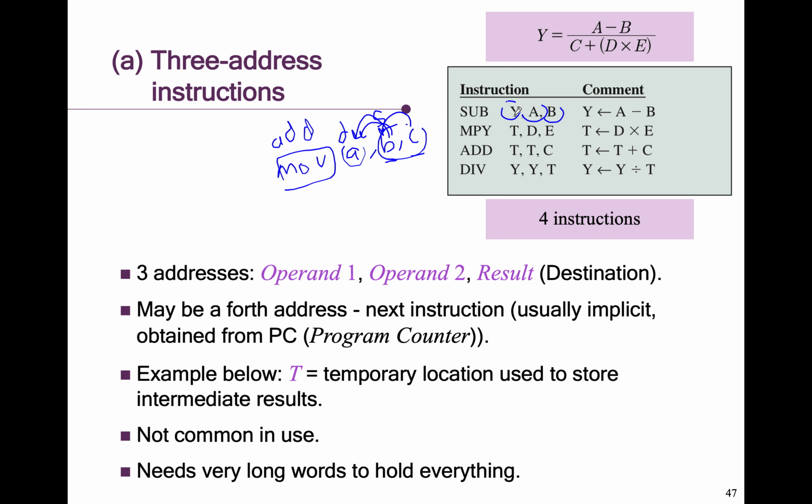You're going to see you have sub Y A B. So you have subtraction, which means you need to subtract your two operands. You're going to subtract A and B, and all this value you're going to store to your Y.